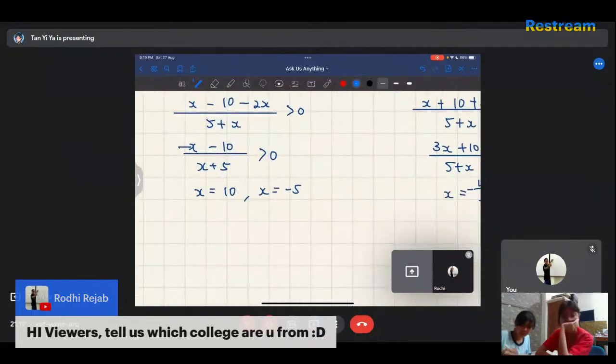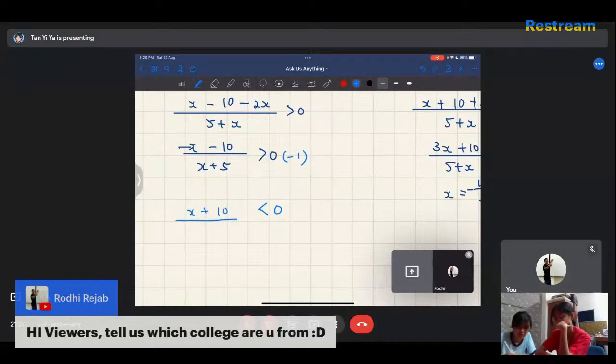Okay. So when we got negative value on the x, we need to times -1 on both sides. When we times -1 on here, the greater than will become less than.